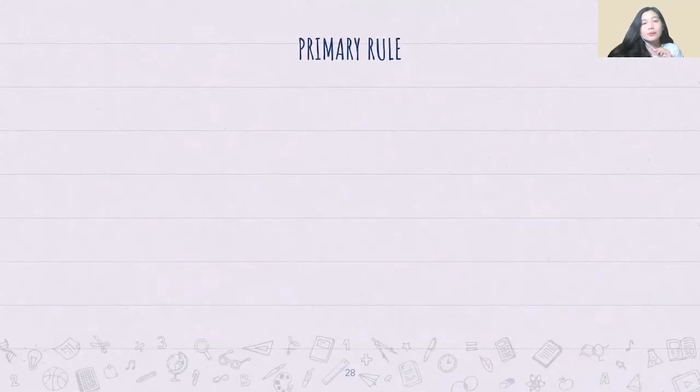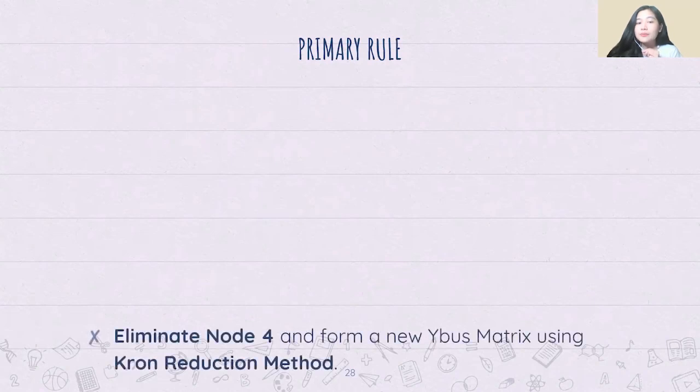Okay, so let's not forget that our primary rule is to eliminate a certain number of nodes to be able to form a new Y-bus admittance matrix, and with the use of Kron reduction method, we can successfully reduce a 4x4 to 3x3 or a 3x3 to a 2x2 and 5x5 to a 4x4 and so on and so forth.